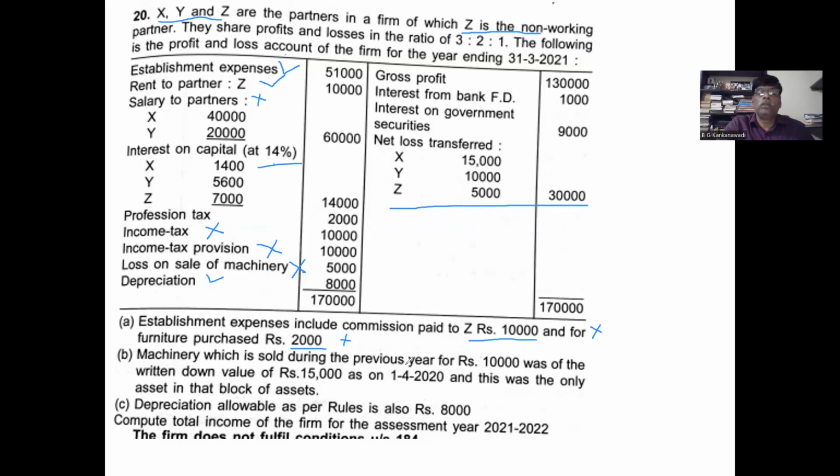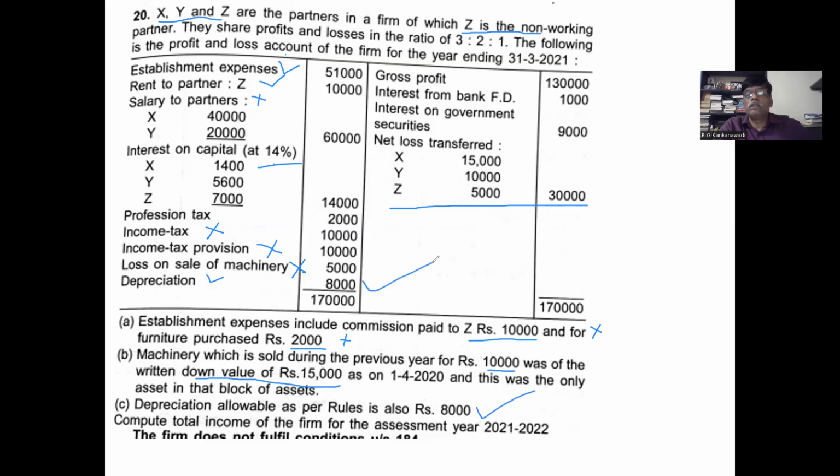Machinery was sold during the year for 10,000. Machinery sale value is 10,000 and written down value is 15,000. So this is the short-term capital loss. You take the full value of consideration and deduct the written down value. Depreciation allowable as per rules is 8,000.